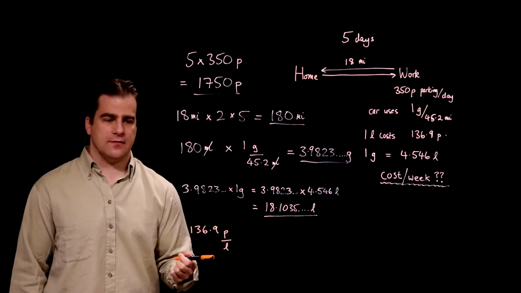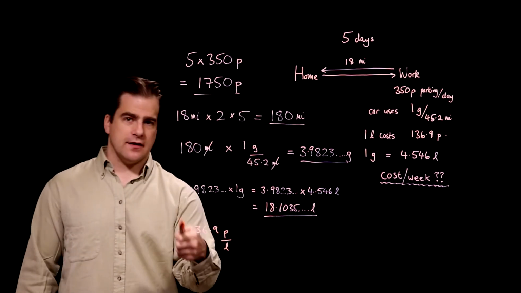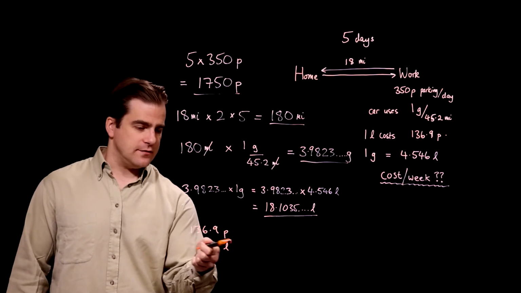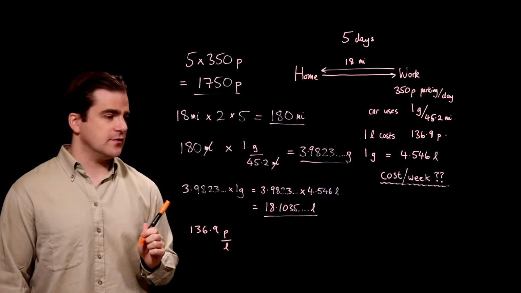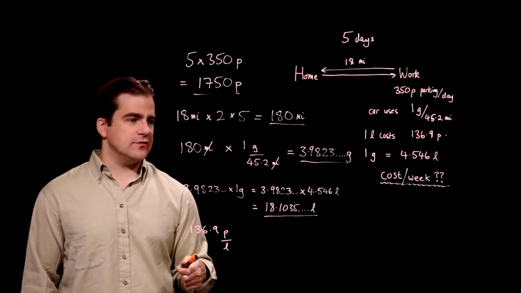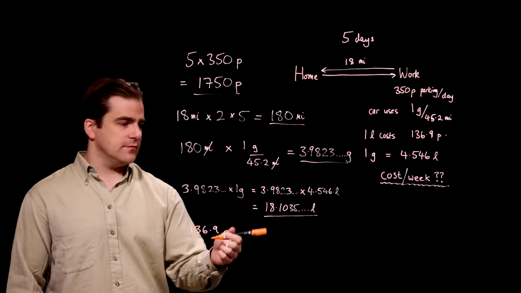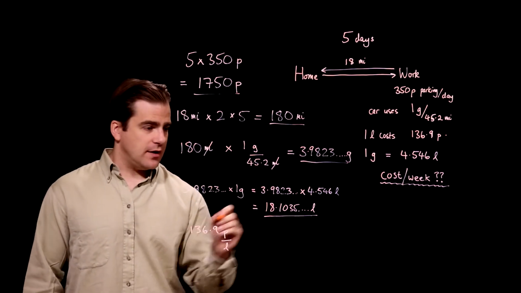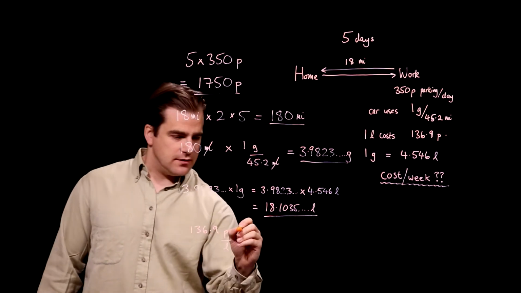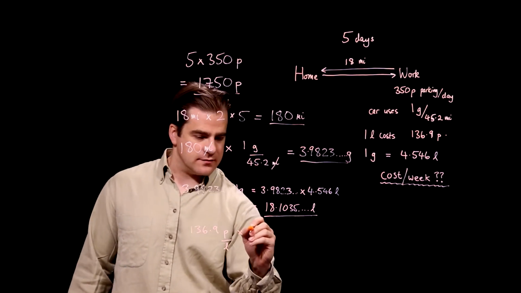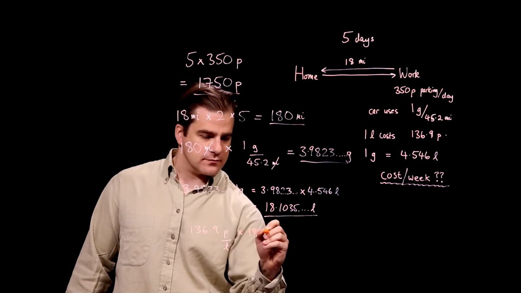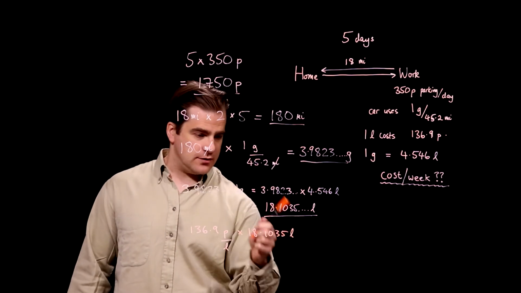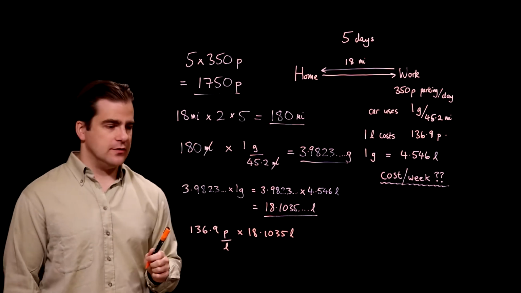Per means divide. So write it like this: 136.9 pence divided by litres. Because again, we're going to use the unit system. We've got 18 point whatever litres, and by looking at the units, we know what to do. Include the unit so you know what to do.